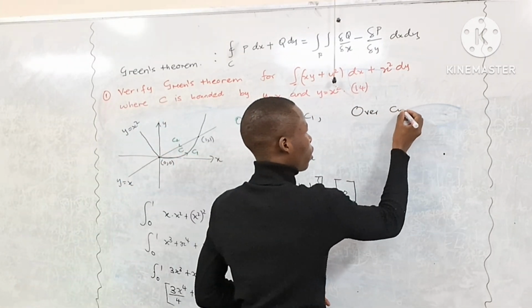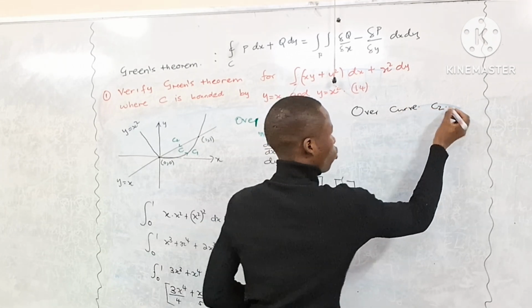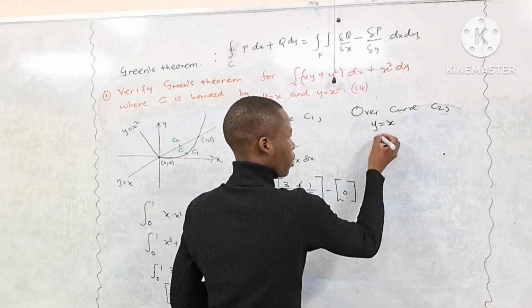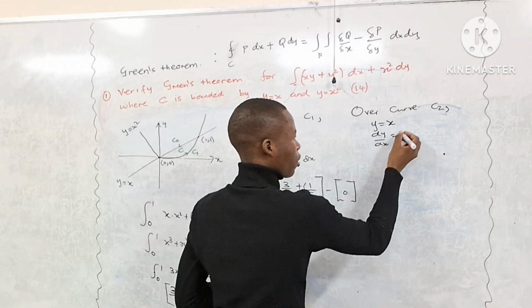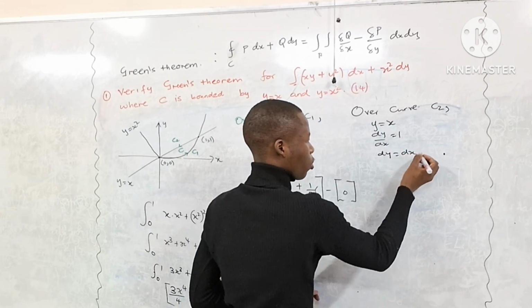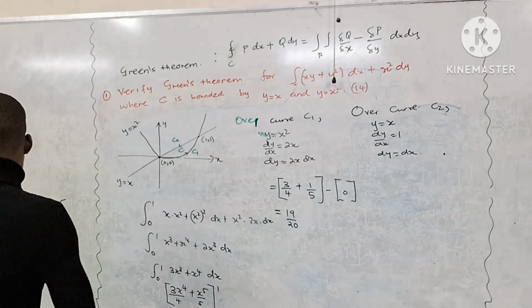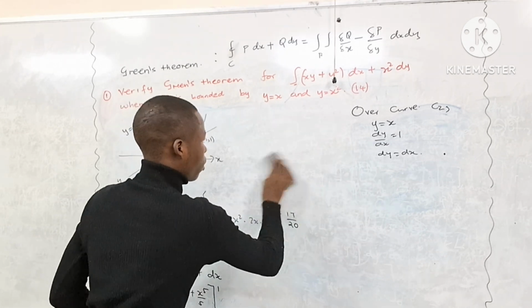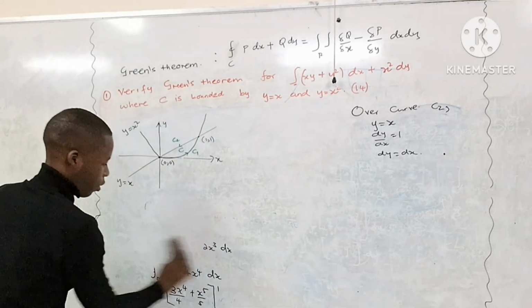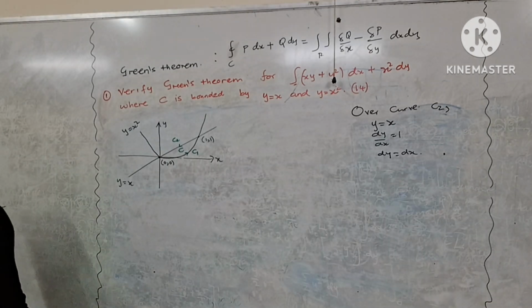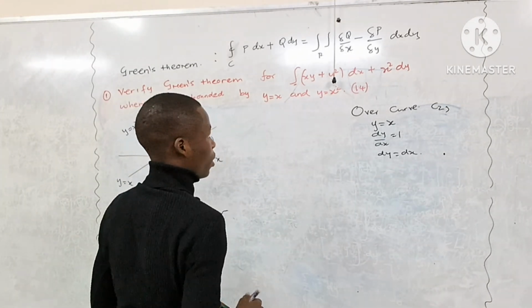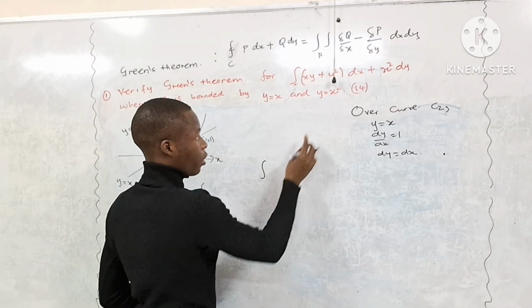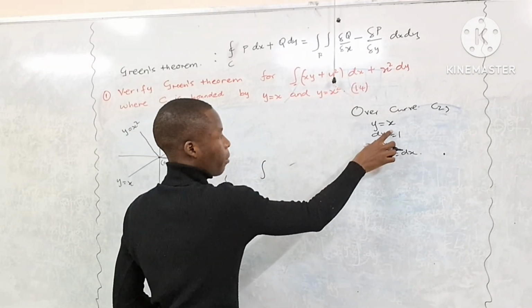Okay, we are going to do integration over curve C2. Remember this is y is equal to x, so dy by dx is equal to 1, dy is equal to dx. It's now the integral. Substitute for y by x.